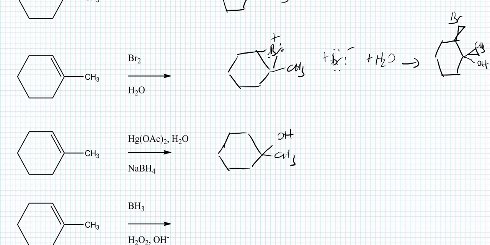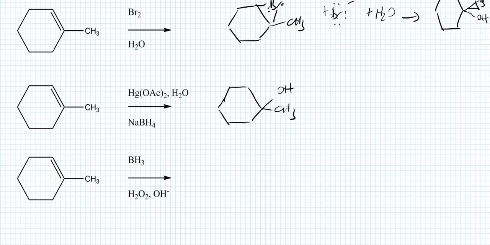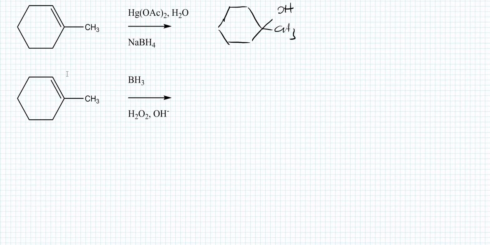Okay, let's look at the last option. In the last option, we have an alkene, and we have here borane, BH3, peroxide, and hydroxide ion, and definitely this is a hydroboration reaction, hydroboration oxidation reaction. This is going to produce an alcohol from alkene, and the addition has to follow non-Markovnikov rule.